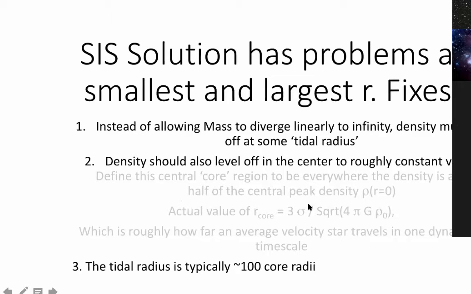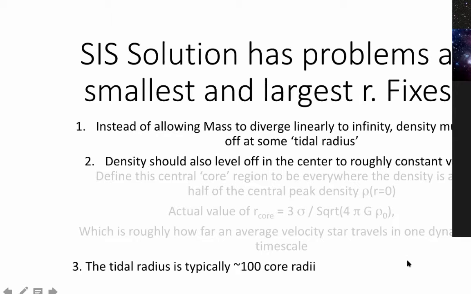This is how it's actually fixed in the middle. You modify the solution to have a core where the density eventually in the center inside the core levels off to a constant value. And the typical ratio between the inner core of an isothermal sphere and the outermost limits of the galaxy, where it's tidally truncated by the gravity of other galaxies, is typically a factor of 100 in radius.